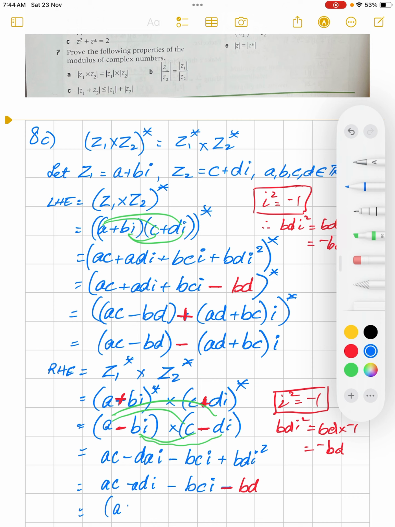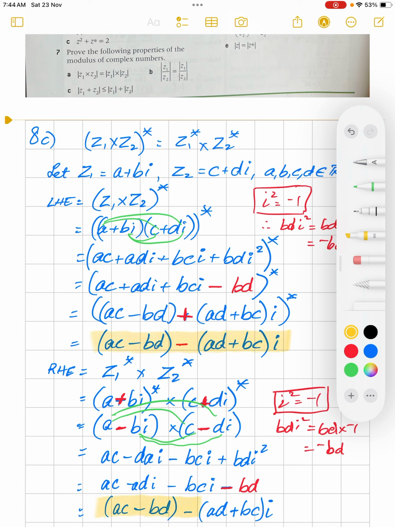So we've got AC minus BD, and we've got the I's are both minus, and we've got AD minus BCI, and sorry, that's AD plus BC because I factorized the minus out. And as you can see, let's just highlight that.